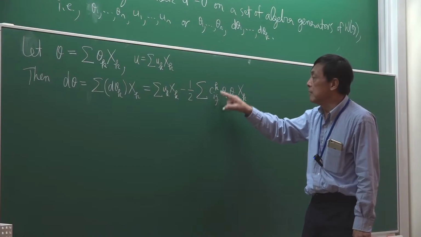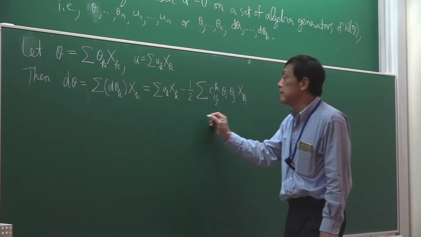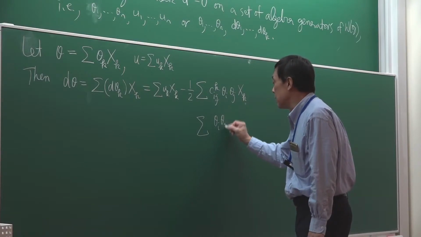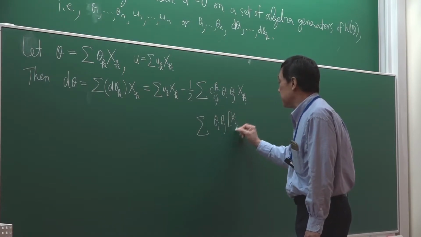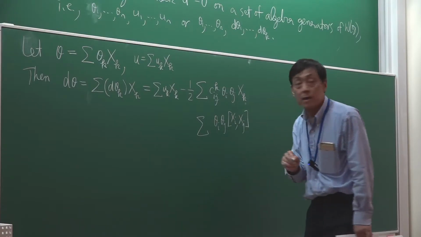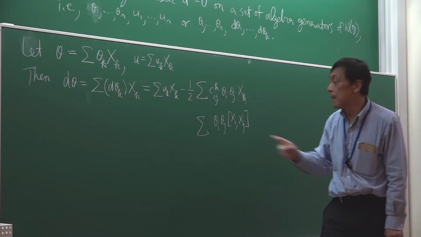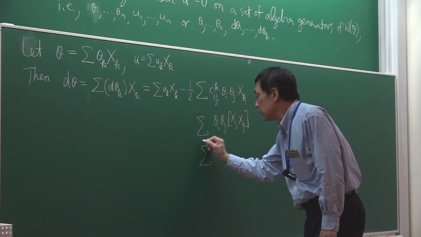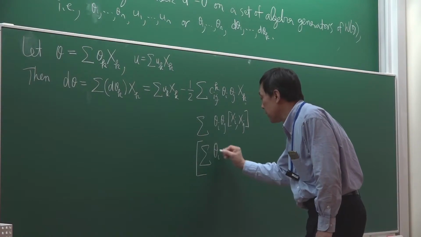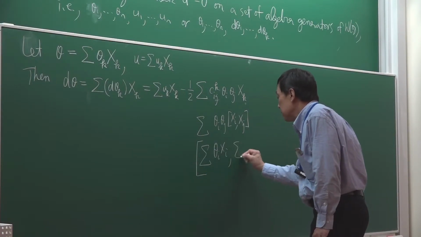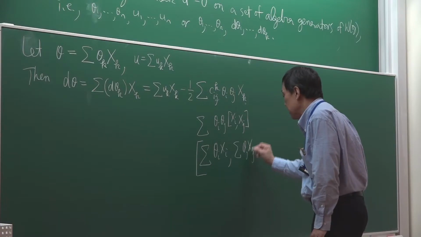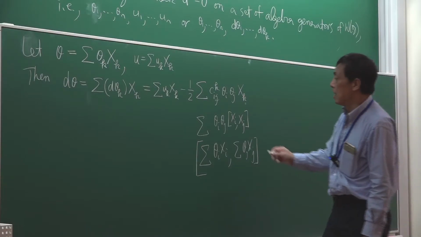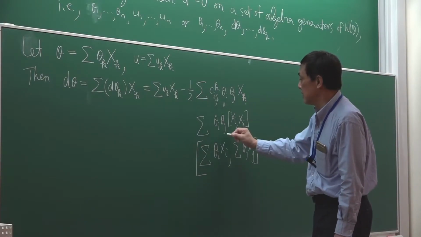But Cijk xk, that's the bracket of xi xj. And then this is just the bracket of sum theta i xi, sum theta j xj. Okay? This is this.